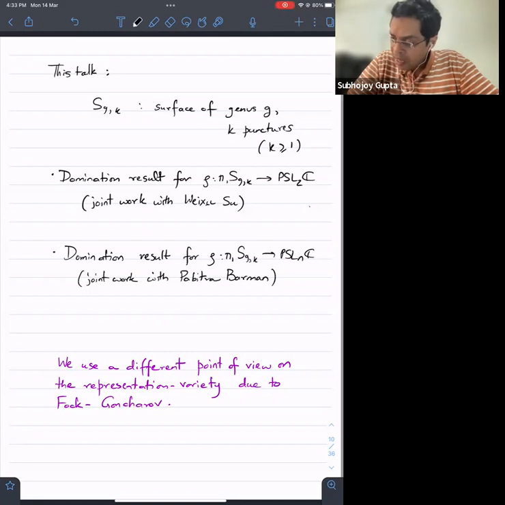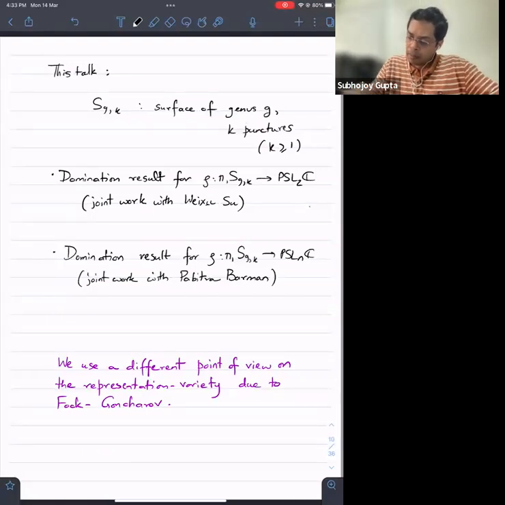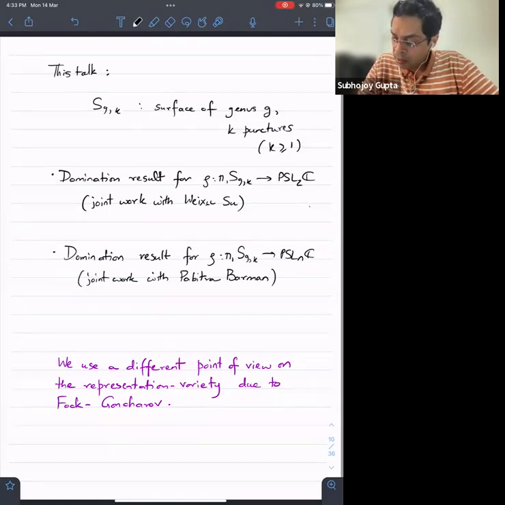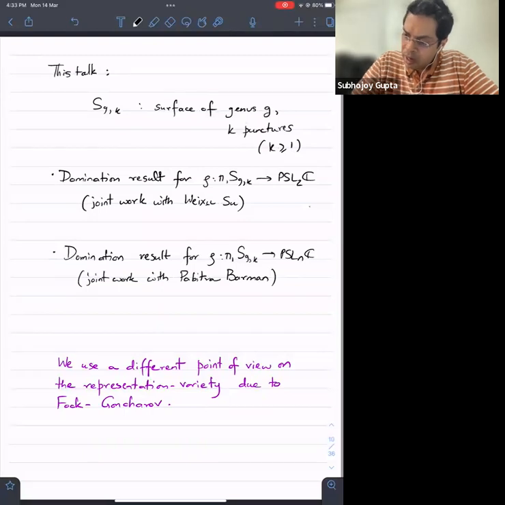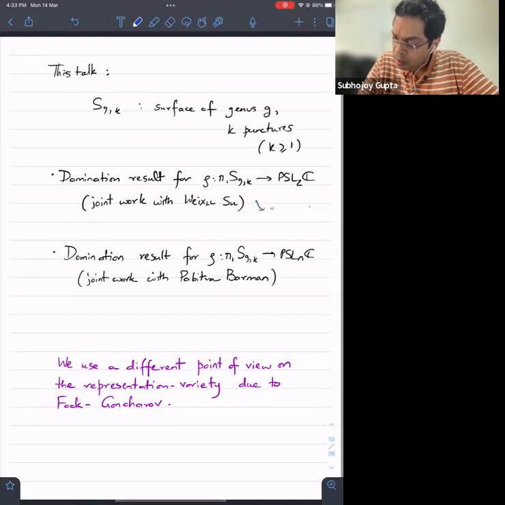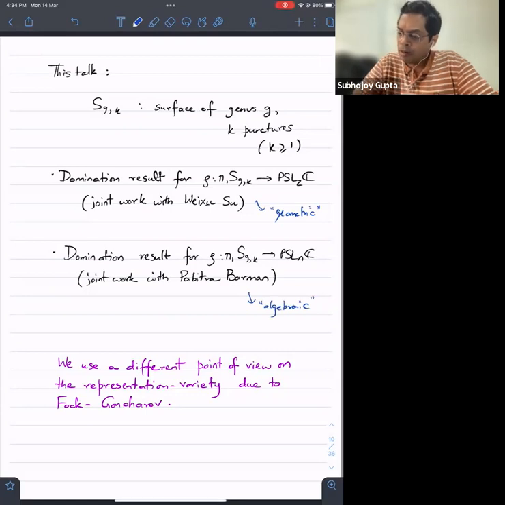And these results will not use harmonic maps, or I won't talk about the analytical approach at all. We use a different point of view on the representation variety due to Fock-Goncharov. In fact, this argument will be somewhat more geometric, and for PSLnC it will have some kind of algebraic flavor, some linear algebra flavor to it, and so it's completely different from the harmonic maps I was talking about.